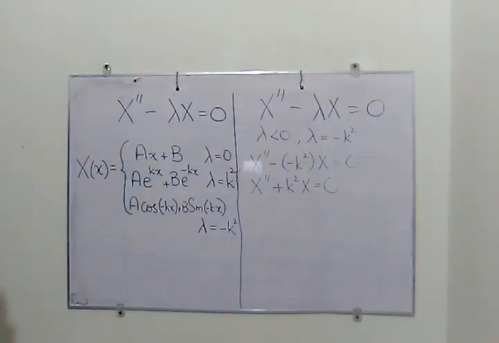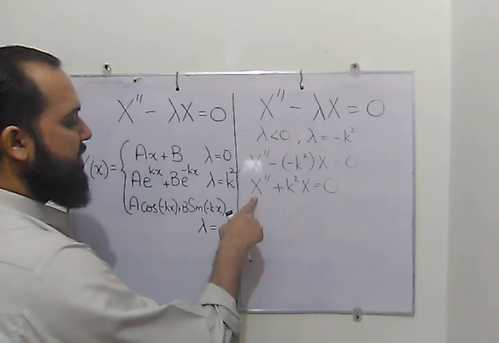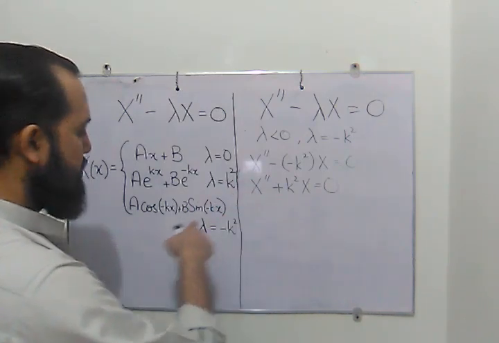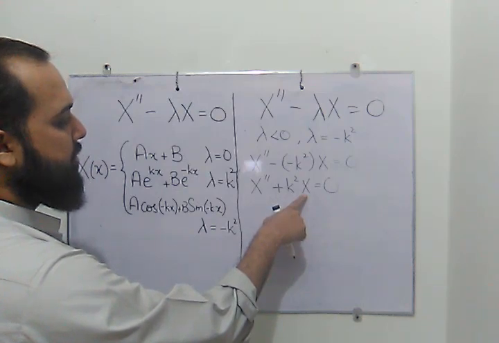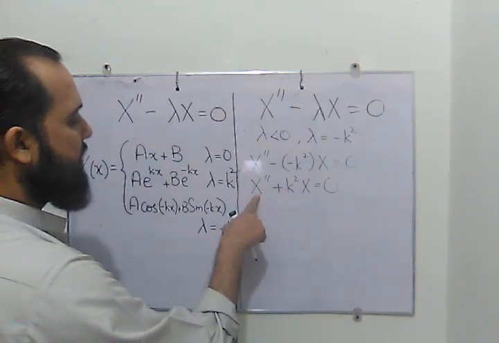Now we repeat the procedure. We need the double derivative of x. We have the solution here. We will put the solution here. We will differentiate it twice and put the value here.